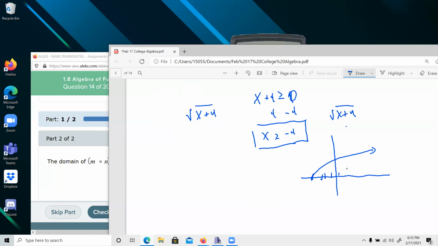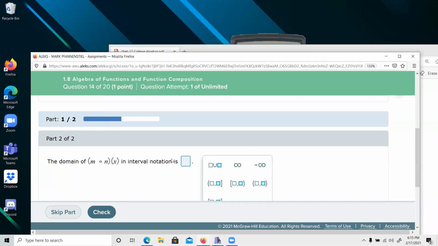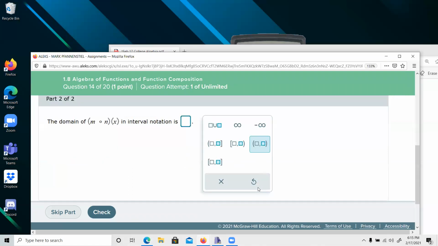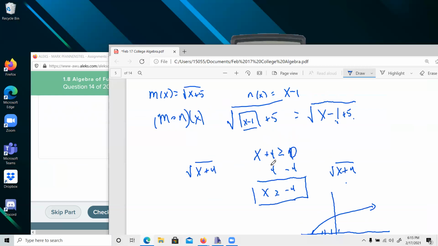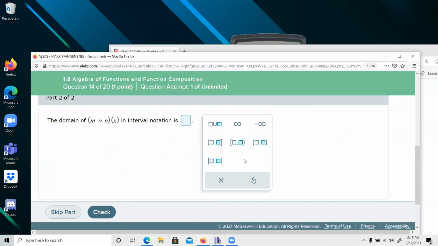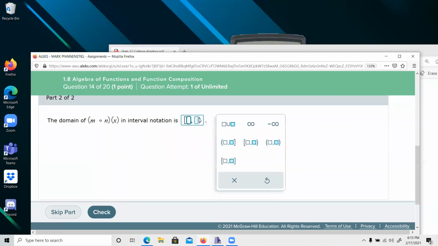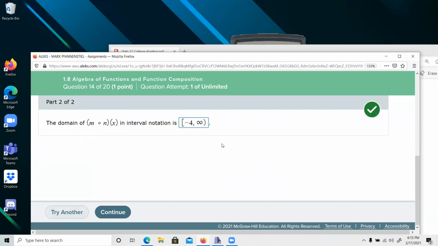So that's what that looks like. And its domain, in interval notation, of course: x has to be greater than or equal to -4. So I want -4 here, and I don't care how big it is, and then we'll be okay.